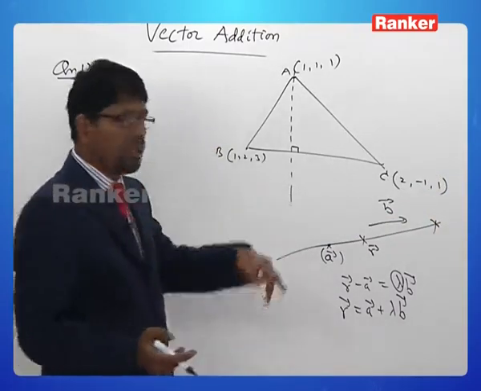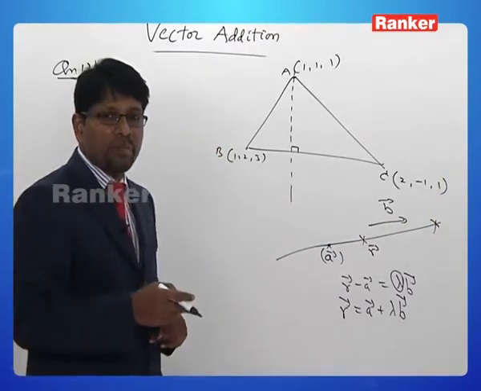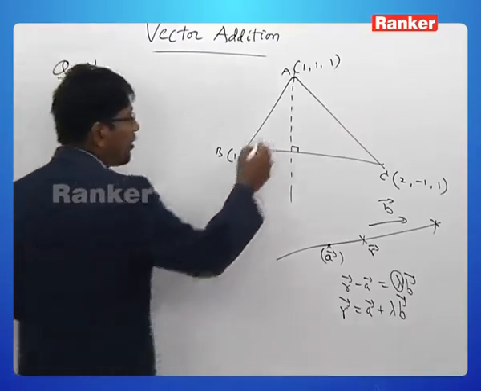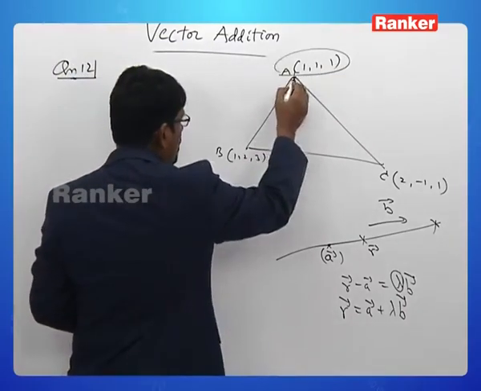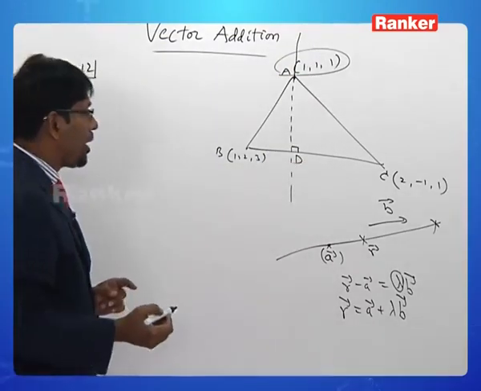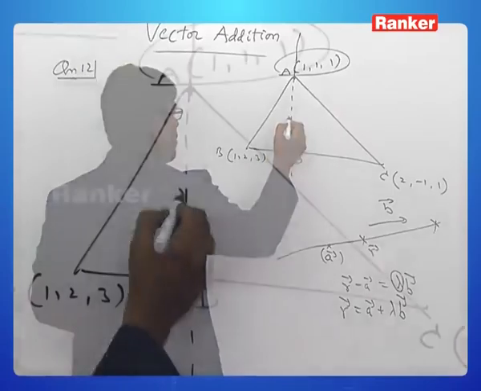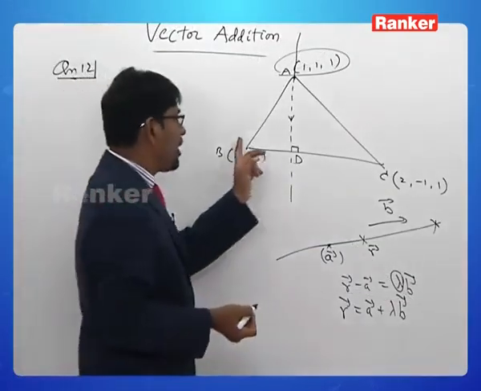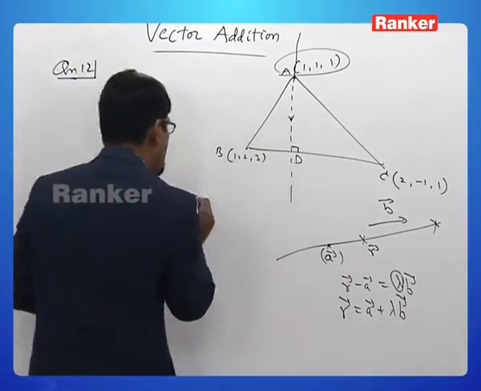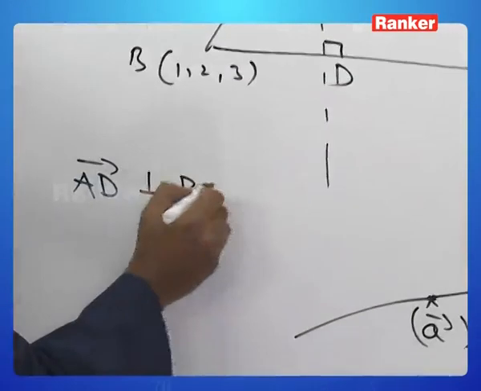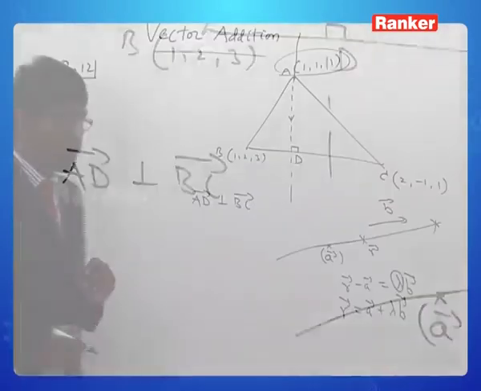As you keep changing the values of lambda, you get different points on the line. Here in the options we are given the parameter to be t. Anyway, one point on the line AD is known to me, and what I require is a vector parallel to AD. But I know that AD is perpendicular to BC. So, we can go from the options here.